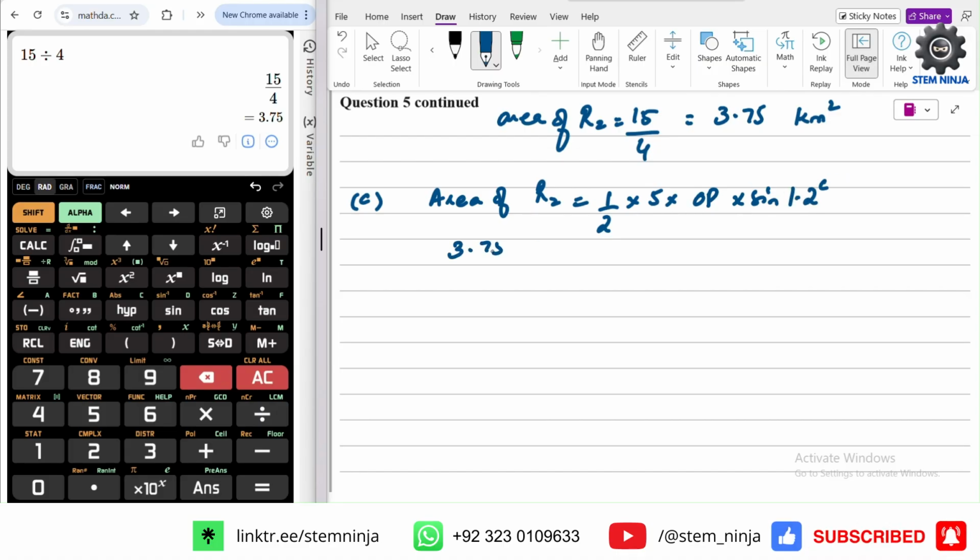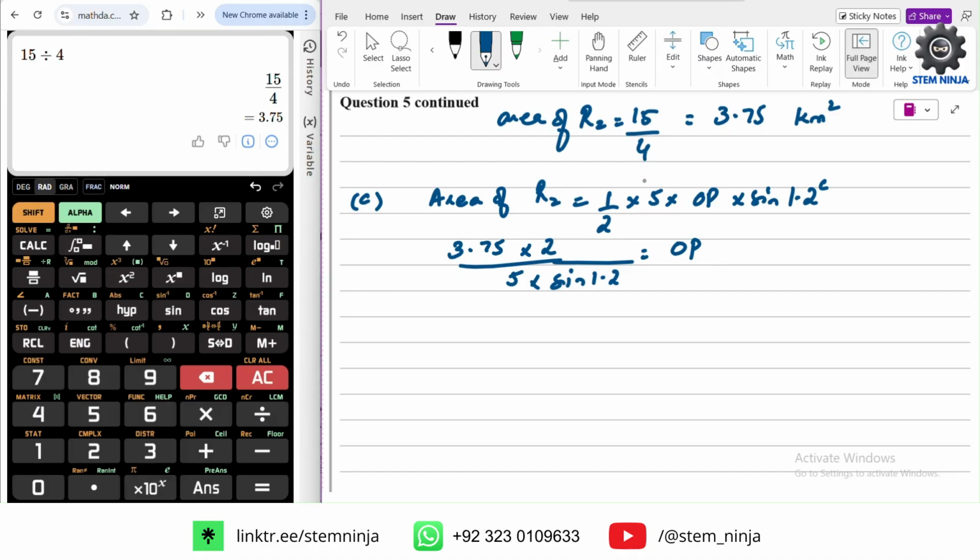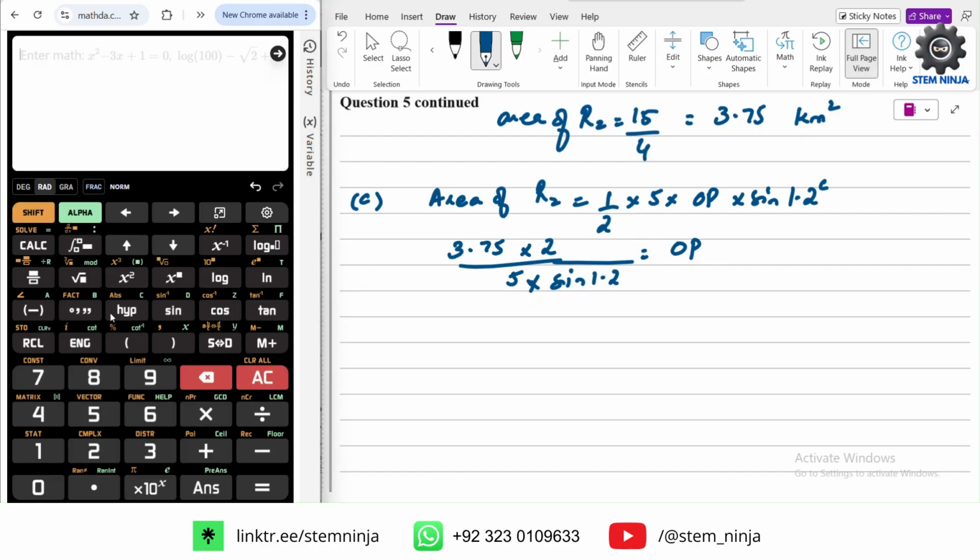So 3.75 times 2 divided by 5 times sine of 1.2 radians equals OP.